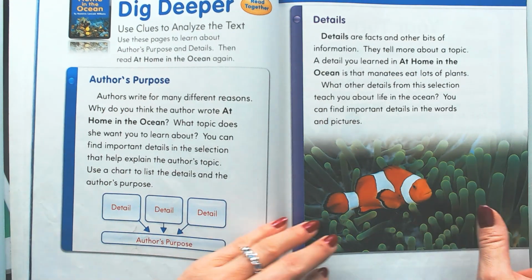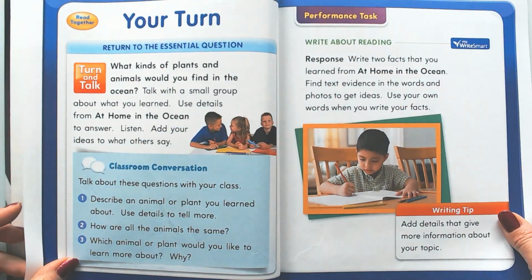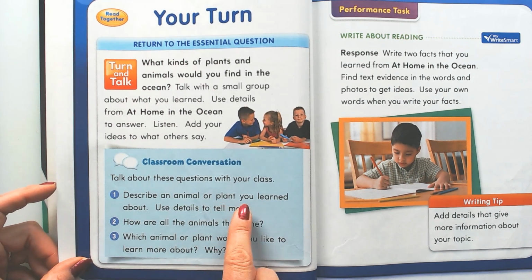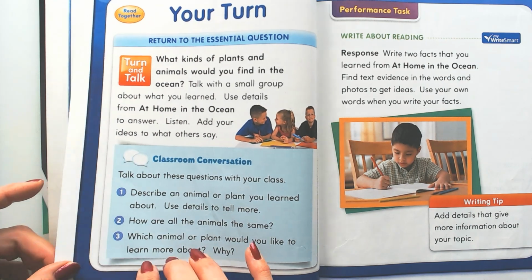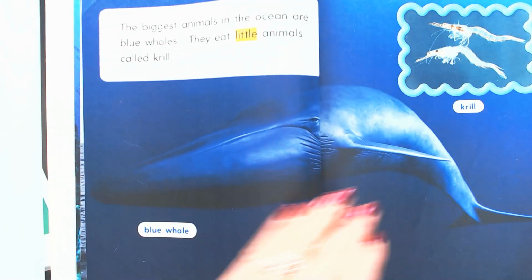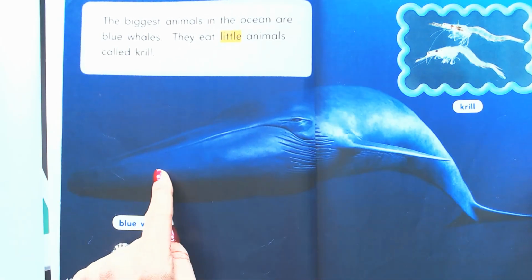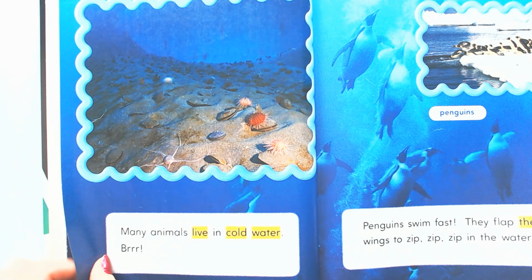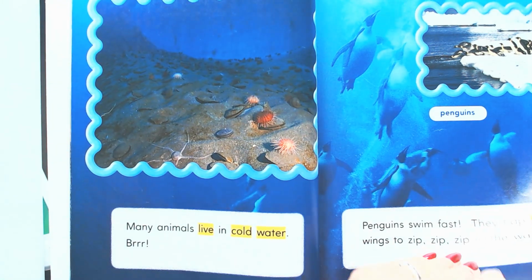Okay, let's go ahead and read our questions. It says, describe an animal or plant you learned about. Use details to tell more. So maybe you could say, so plants or animals. You could say, the blue whale is the biggest animal in the ocean. You could say, penguins swim fast and flap their wings.